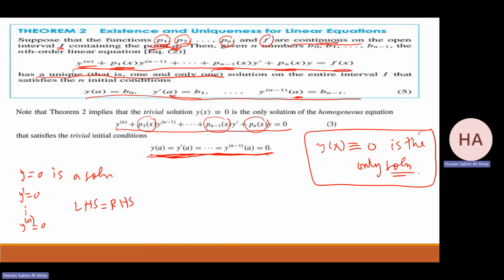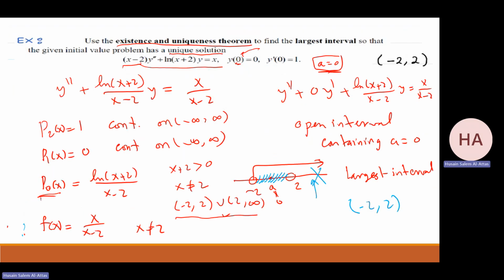Before that, existence and uniqueness. When I am sure that this differential equation has a unique solution: after I make the coefficient of the nth derivative 1, I need to check that these functions are continuous. And I think we did some examples.